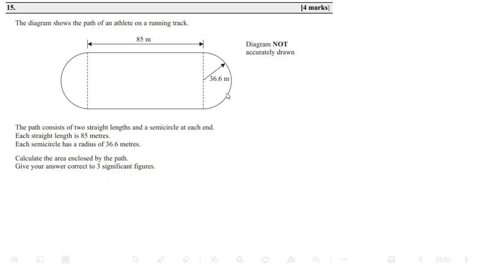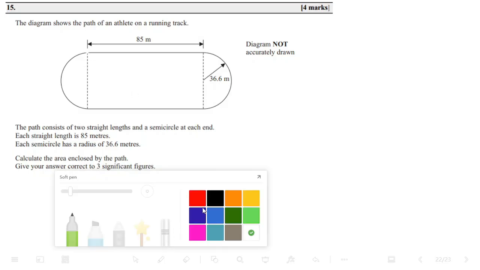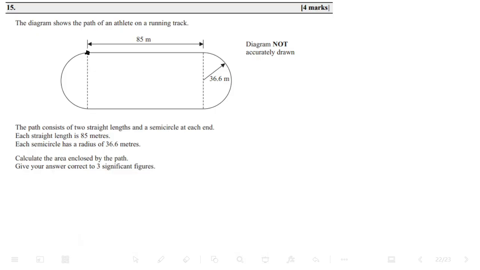Firstly we understand. So basically, for such kind of question, let me take this pen. We will mark this point as A, and we will mark this point as B, because it will help us to identify the calculation part.